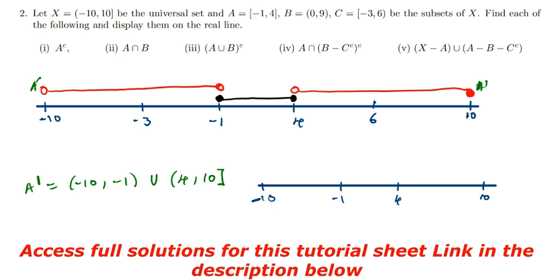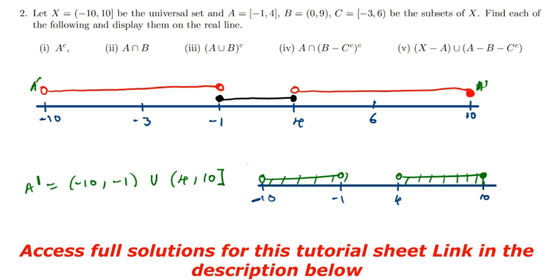So we are going to say A complement is going to be negative 10 not included, negative 1 also not included. We join this. Union 4 is not included, but 10 is included. Then we join this. So this is the answer on the real line. That is A complement. So that is how you can present your answer on the real line.